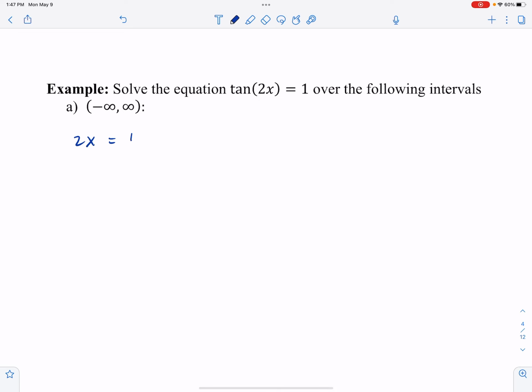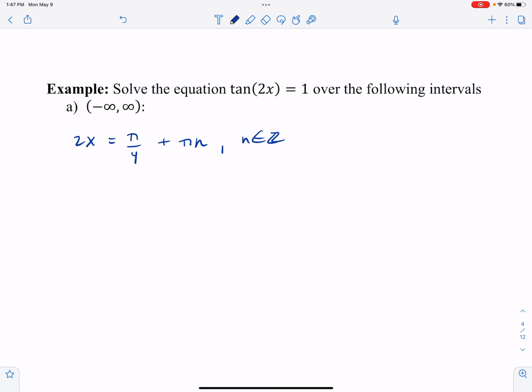So I'm just going to use pi over 4. And then we can think about adding multiples of pi. So I'm going to define n as an element of the integers. Because notice, if I were to add pi, so if I let n equal to 1 here, pi over 4 plus pi would be 5 pi over 4, which would be the angle from quadrant 3.